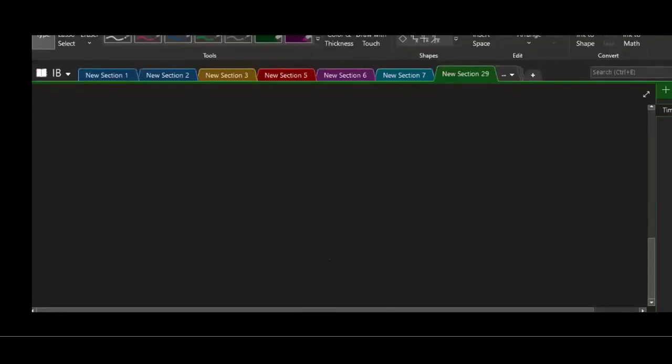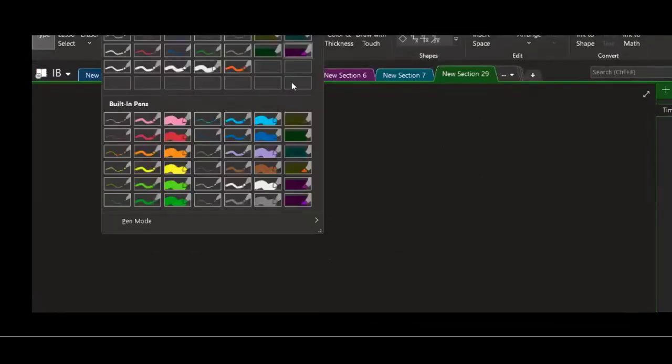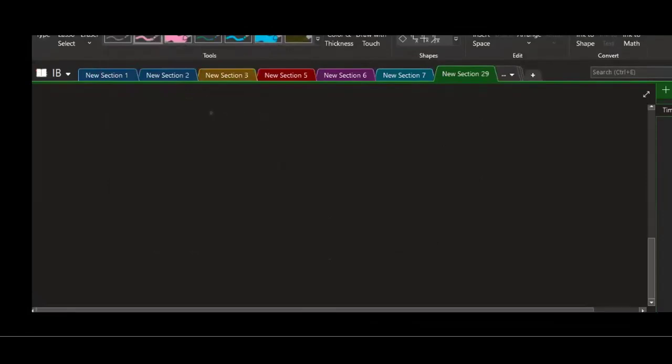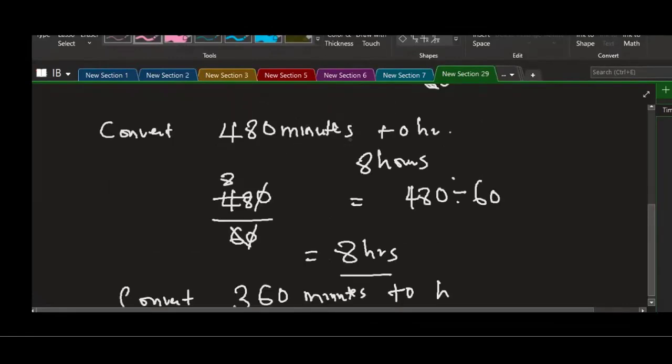When you're converting from hour to minute, it's also much easier. So let's look at conversion from hours to minutes, right? Let's look at this together. If I have 6 hours, let's take this down.